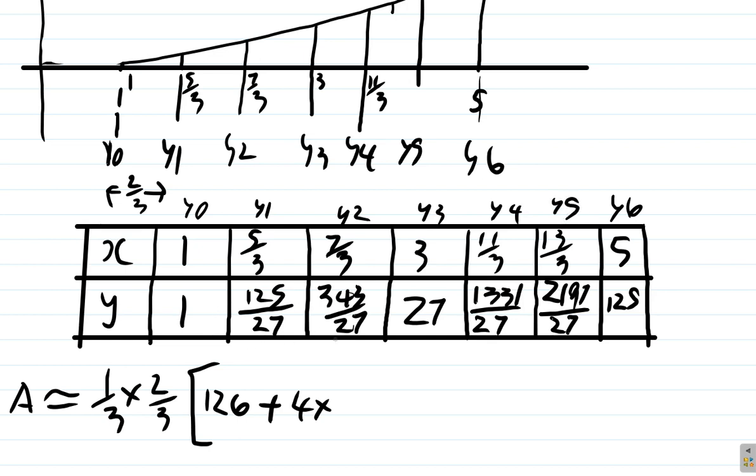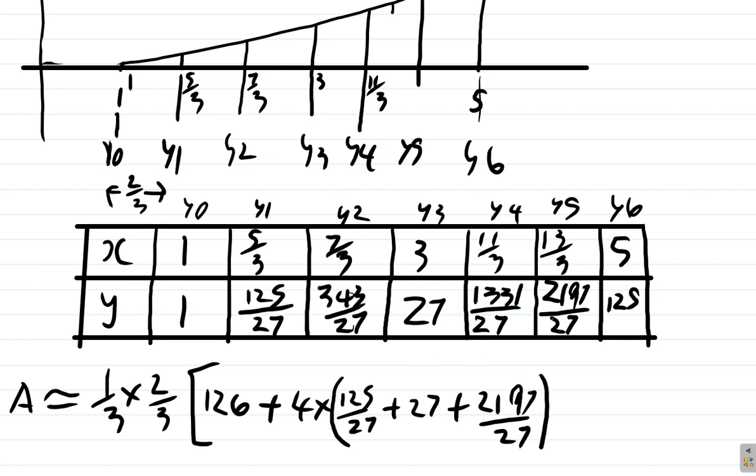Now the odd ones will be y1, which is 125 over 27, plus the next odd numbered one, y3, which is 27, plus the next odd numbered one, y5, which is 2197 over 27, right?